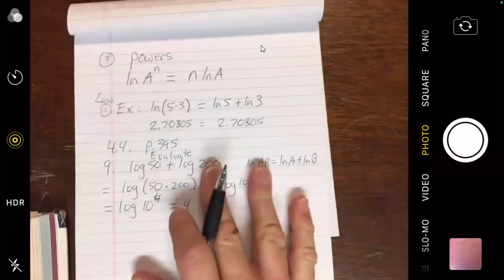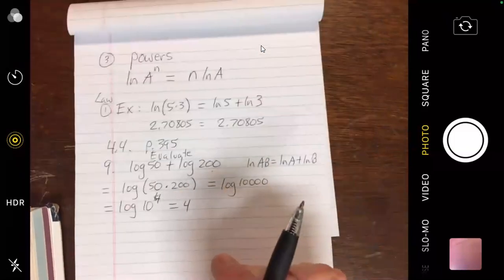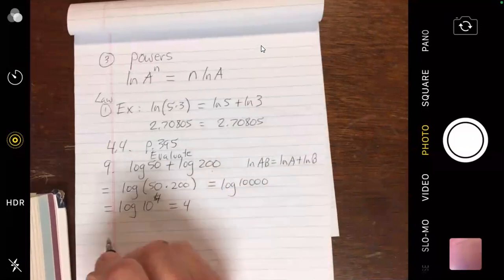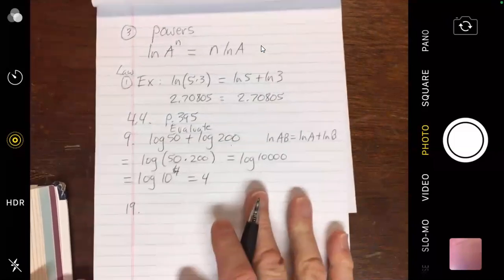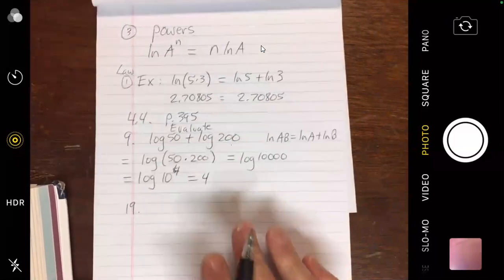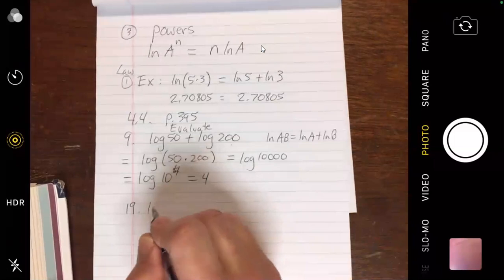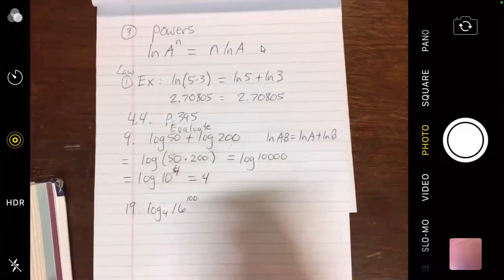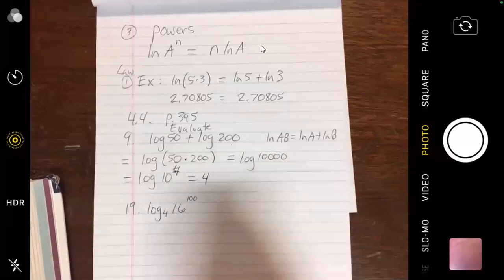Let's see. Going down to, you can try one like number 19. Log base 4 of 16 to the 100th power. And there is no log base 4 key. Now you can play this several ways.